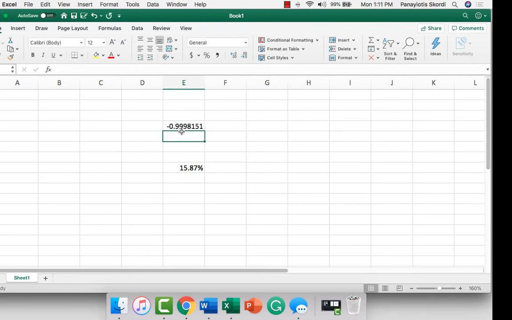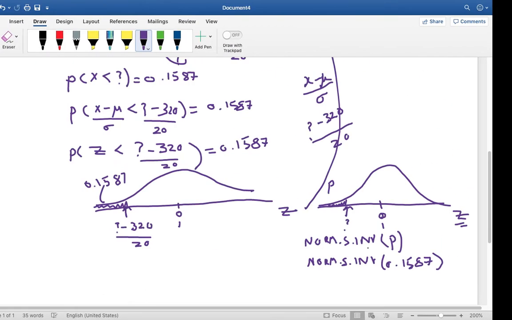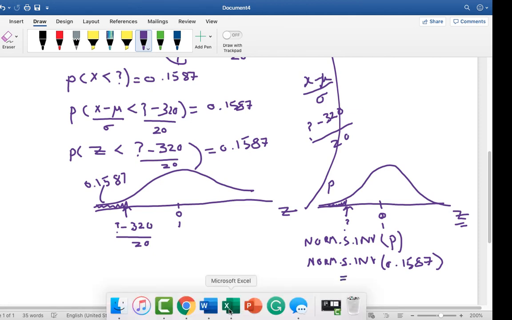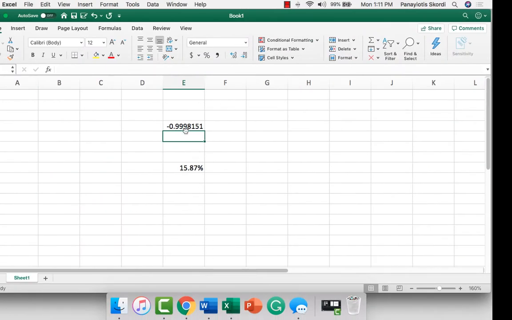That gives me minus 0.9998151. Did you notice that that value was negative?